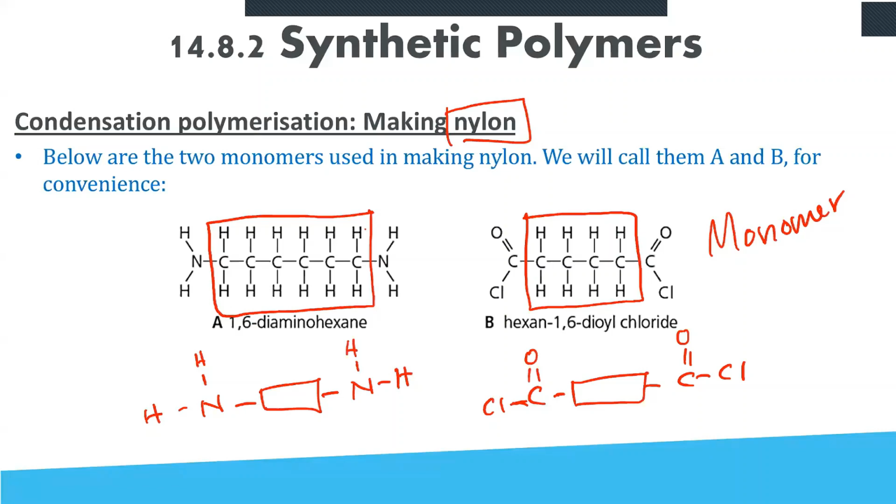The thing we have to be concerned about is the functional group. If you look at the name, one is a diamine. The other one is a diacyl chloride. Sometimes dicarboxylic acid is used, in which case, instead of chlorine, it will have OH on both sides.